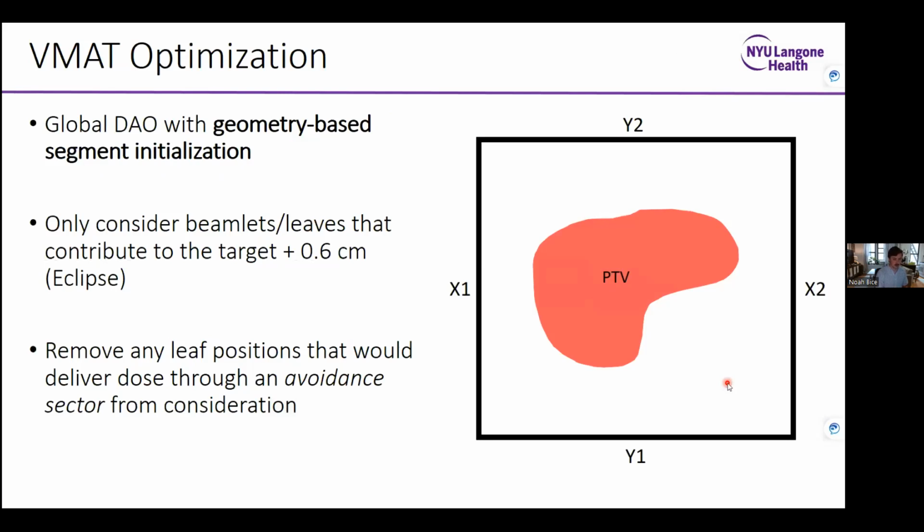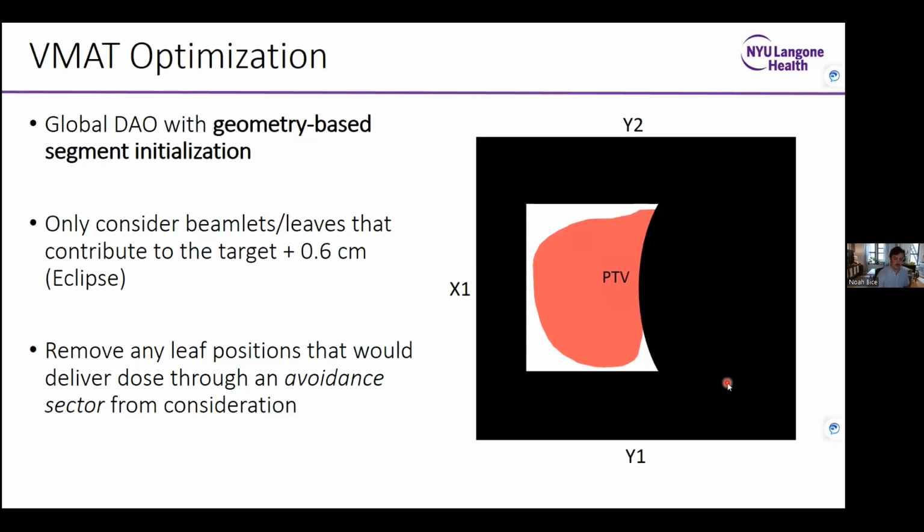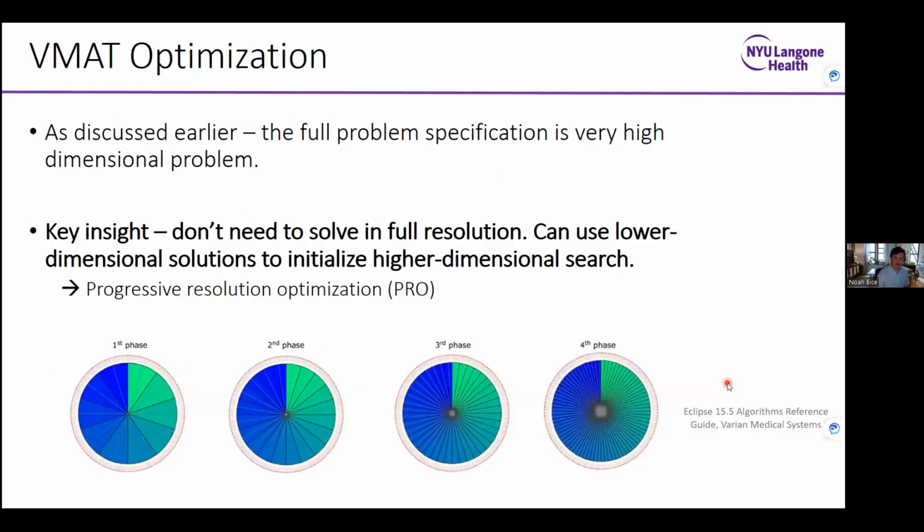So right off the bat, we're throwing away all of the beamlets and leaf positions that aren't anywhere near what we've defined as a target. The second thing we do is, if the user has defined any avoidance structures, cut those out as well.